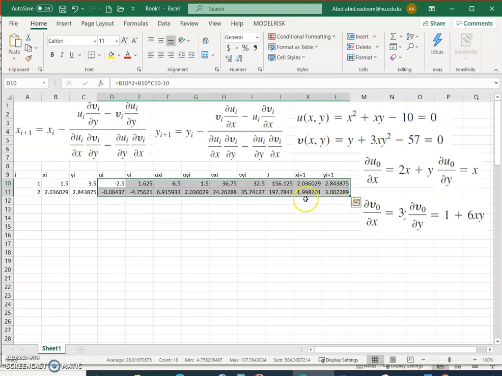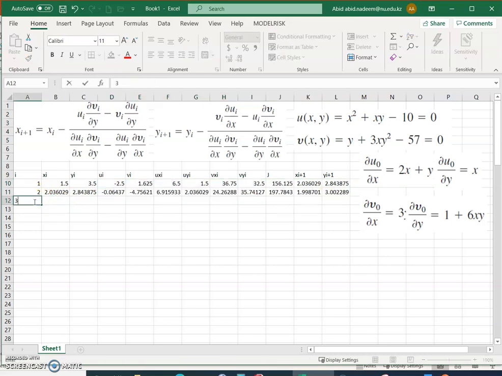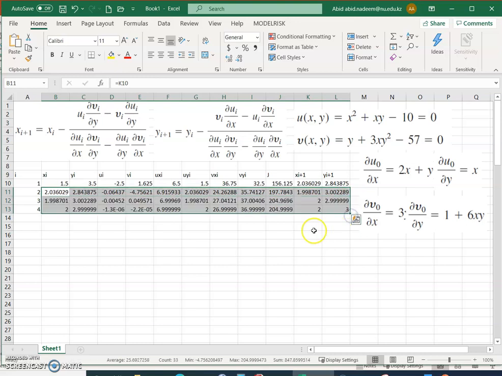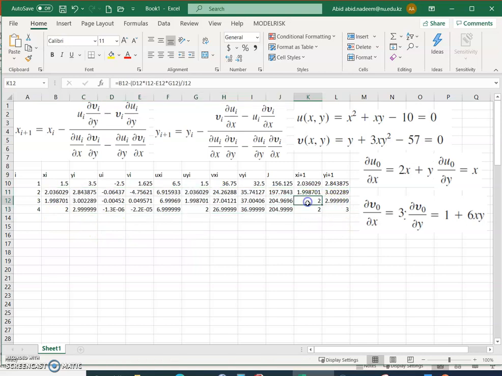In the next iteration, I can see that I am getting values very close to the original solutions, 2 and 3. Maybe we can do a few more, 2 more iterations. I just have to drag this down to copy the calculations. Now the solution is almost exact, so you can see that the solution has converged very rapidly in this case.